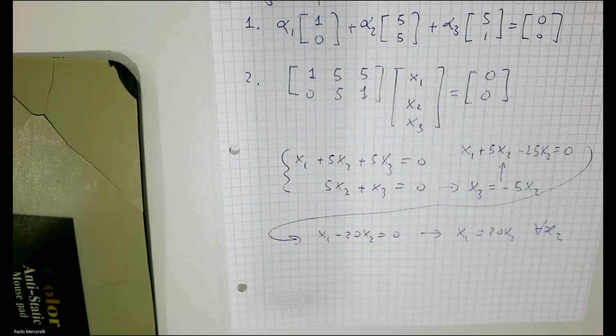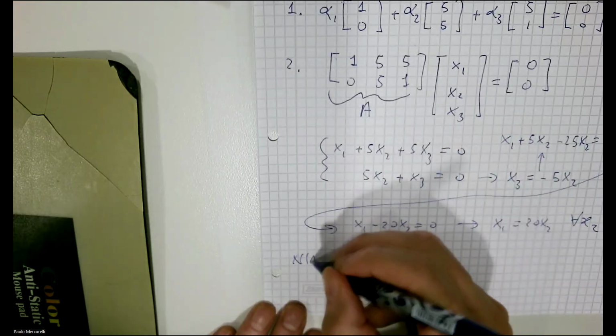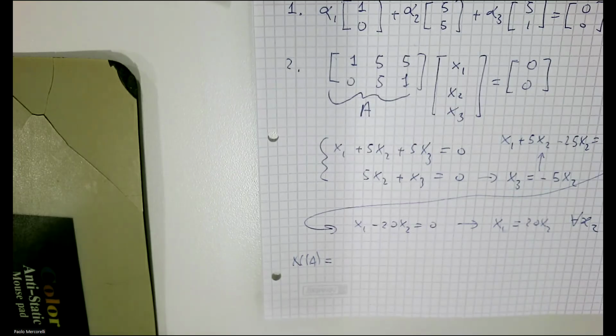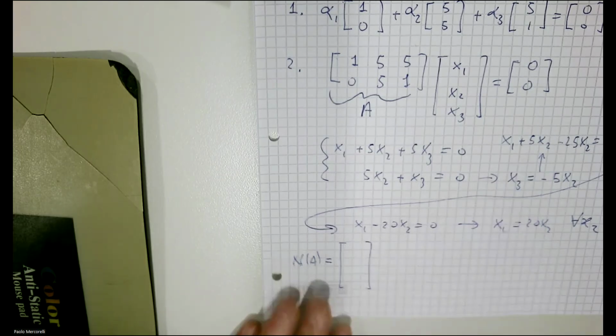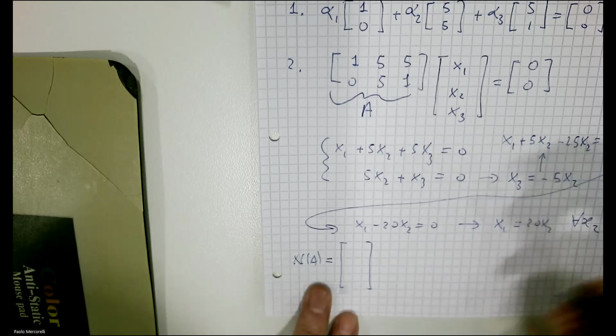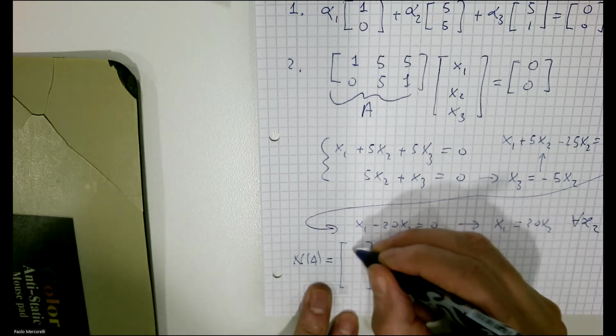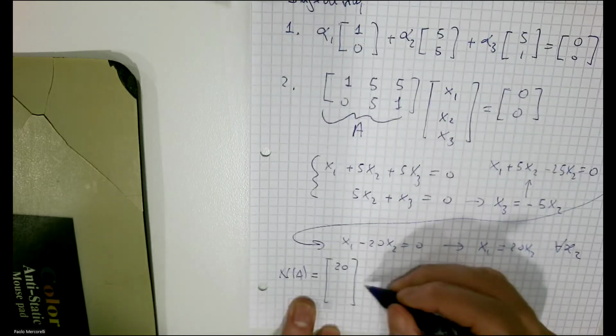It's clear that now the null space of the matrix A, think about what is the null space of the matrix A? Did you agree? You can write here 20 because x1 is 20x2.